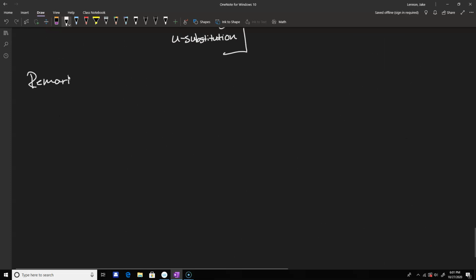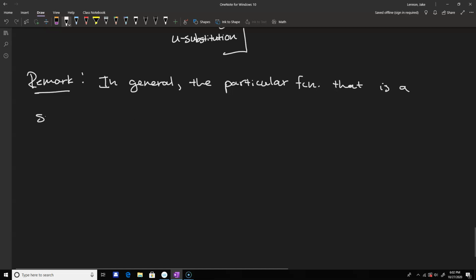So, in general, the particular function that is a solution to a DE is only known up to a constant.